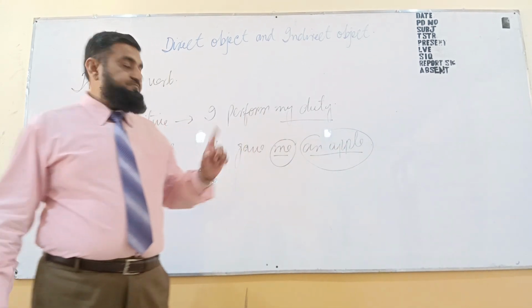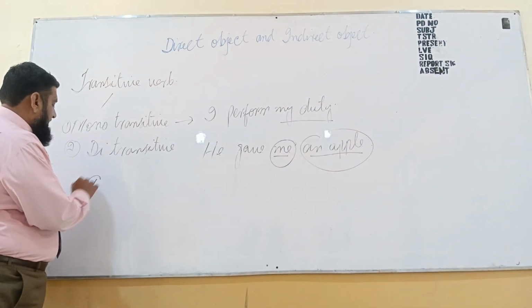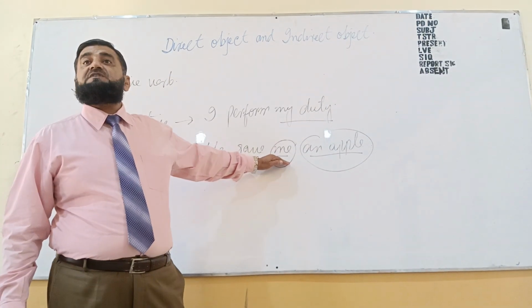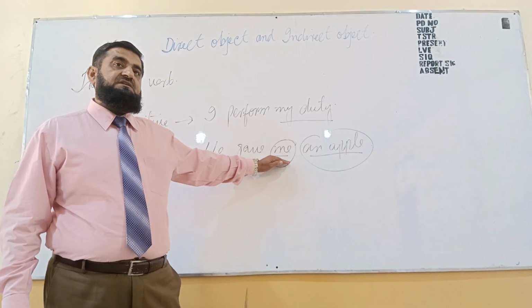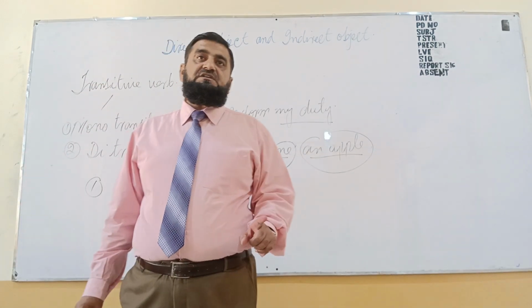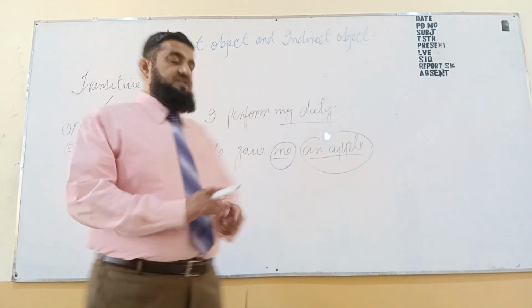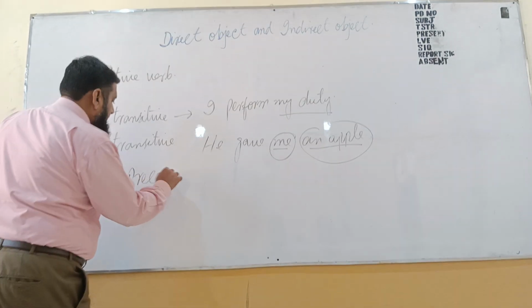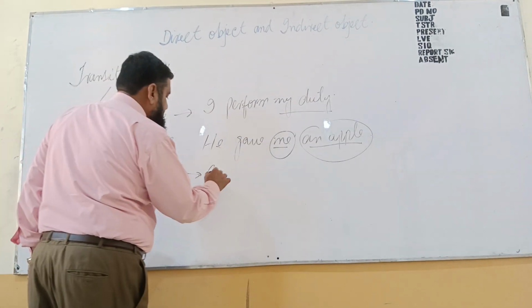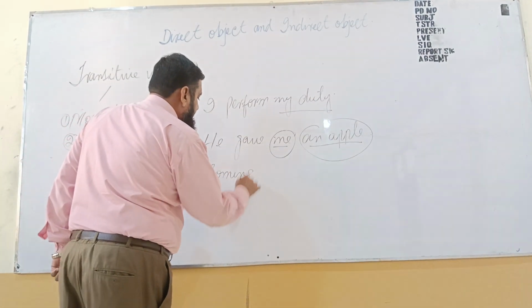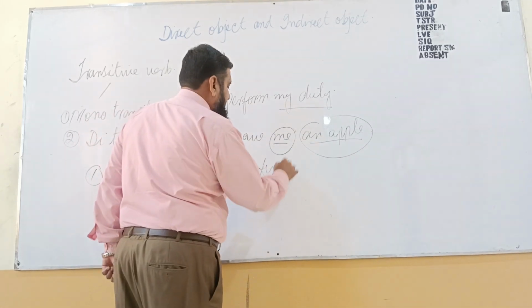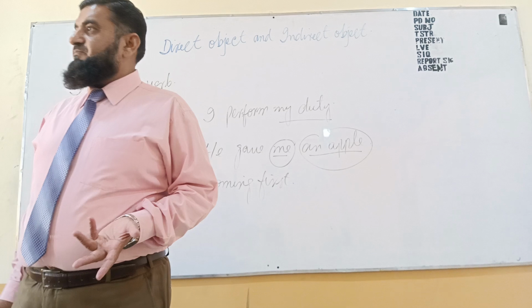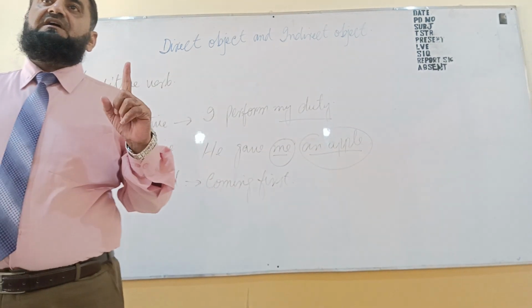So first, number one, the indirect object will precede the direct object. Precede means coming first. Or we can say the indirect object will come first and the direct object will come later. That is the first condition.